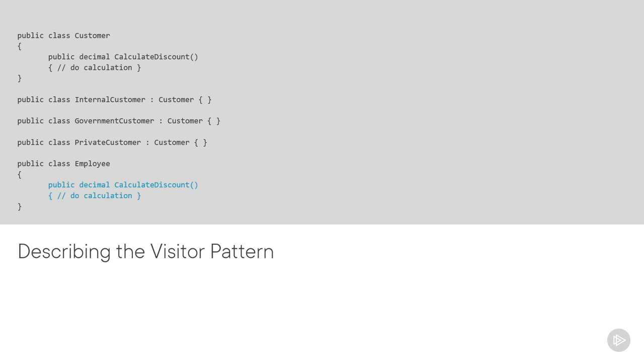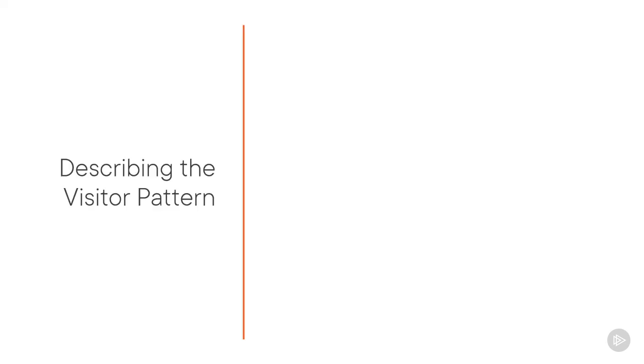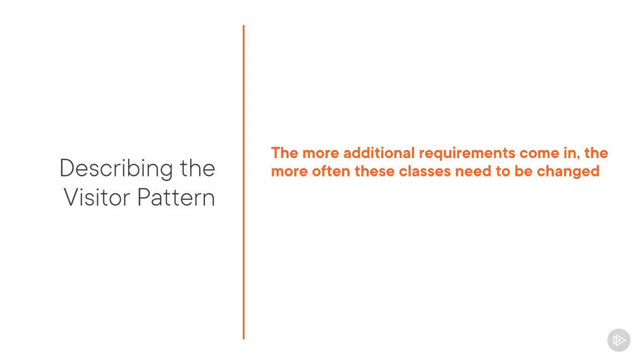Yet, what if after some time a new requirement comes in? You now need to calculate some shipping costs for each customer and for each employee. And after that, you need to add JSON export to all objects, and so on. This becomes cumbersome. You always need to change these classes, which is risky.